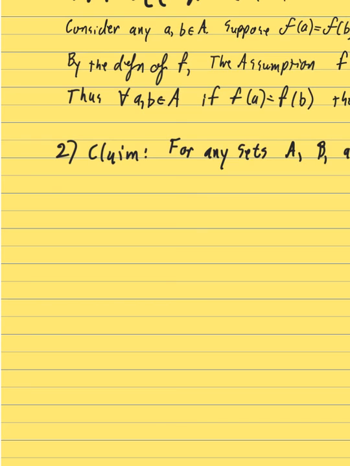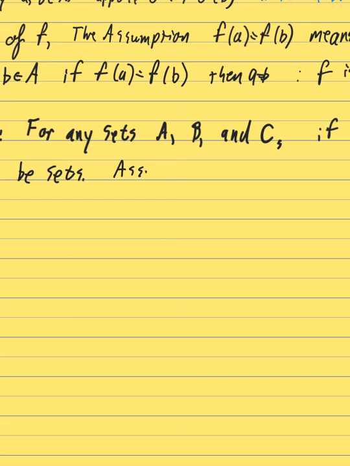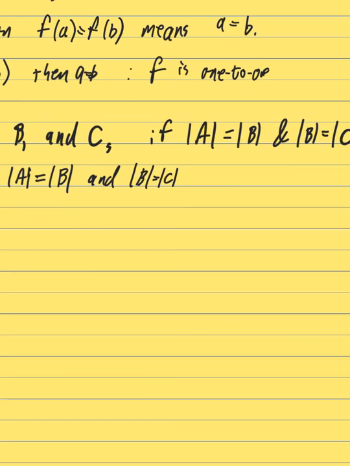Well, let's write down the assumptions. So let A, B, and C be sets. Let's assume size of A equals size of B, and size of B equals size of C. Let's write down what those things mean.